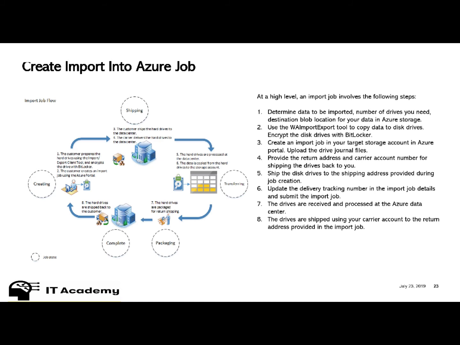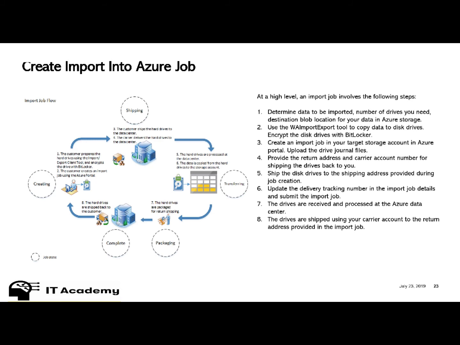We prepare the hard drives that we're going to use using the import-export client tool that allows us to encrypt the entire drive with BitLocker. We then as a customer create an import job using the Azure portal, which is essentially a request and a series of information for shipping details to be sent out to us and for the disks to be shipped to site.